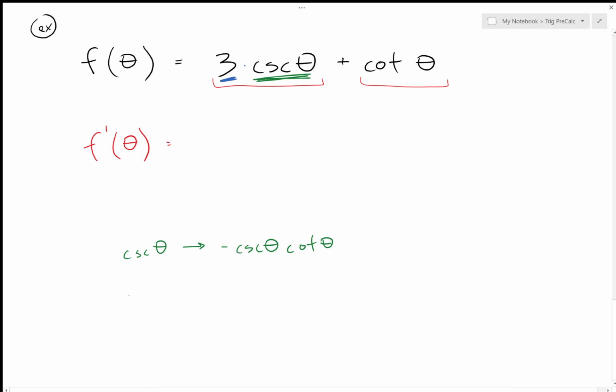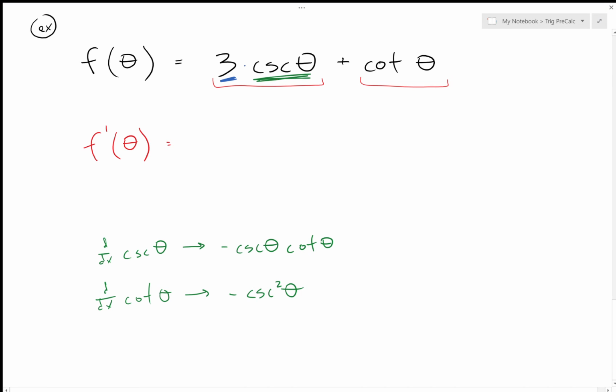Alright, for cotangent, when we take the derivative of it, the derivative of cotangent is going to be negative cosecant squared theta. So that's what I'm going to replace both of those with.